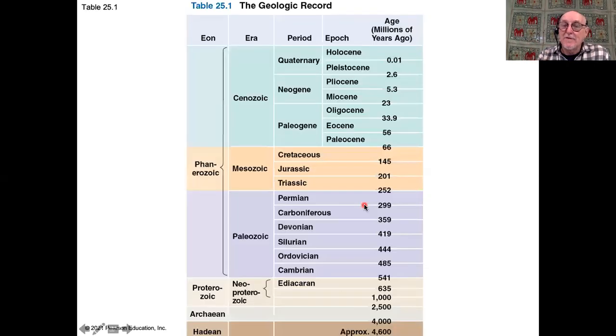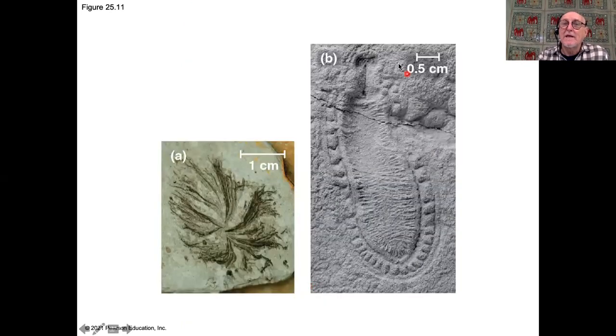This here is one of the very first of the primitive multicellular animals, and they formed right here in the Proterozoic era. Here's one here. It's very rare in the fossil record because they were probably entirely soft.